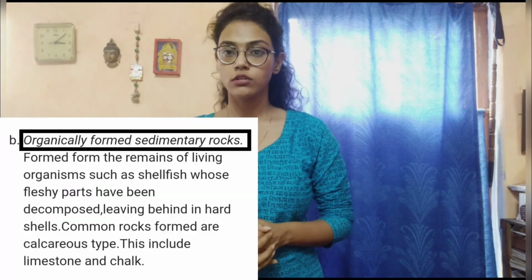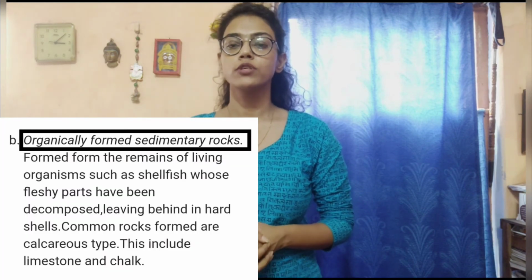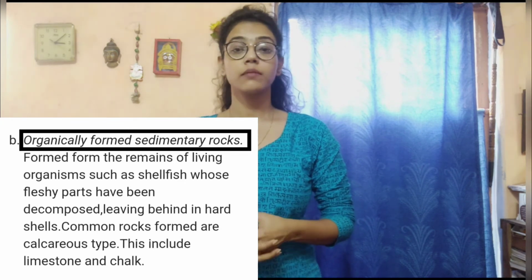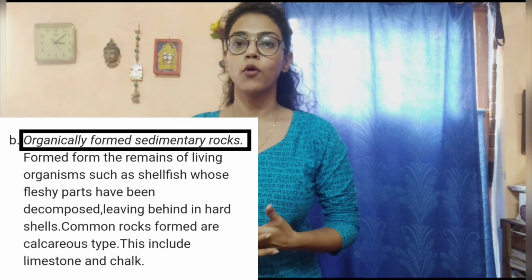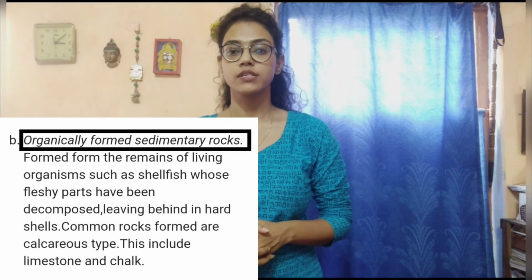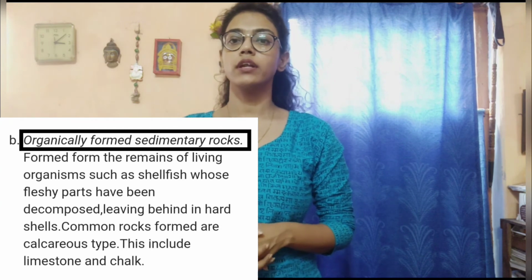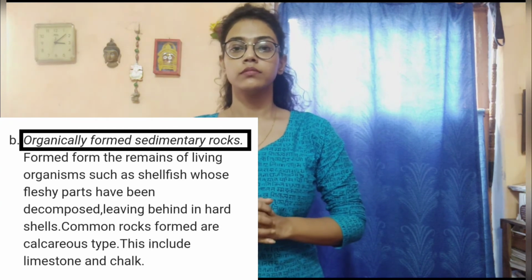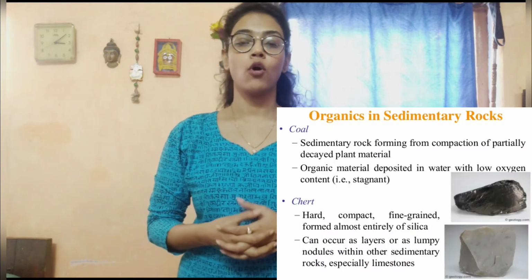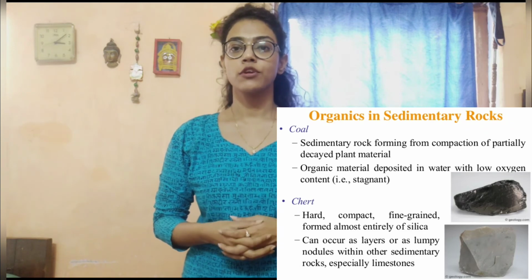So next one is the organically formed sedimentary rocks. These are formed basically by the organic part, means the body parts of animals and plants, which are called organic debris. Here the pressure and the temperature are the two most important factors to make these organically formed sedimentary rocks.